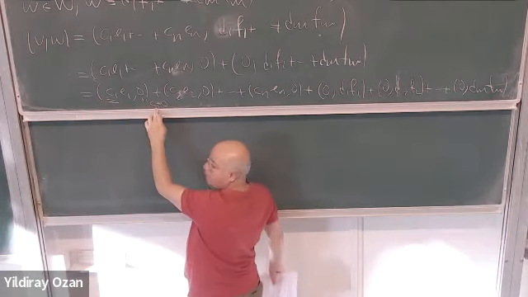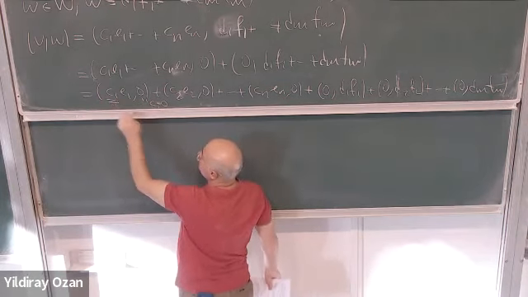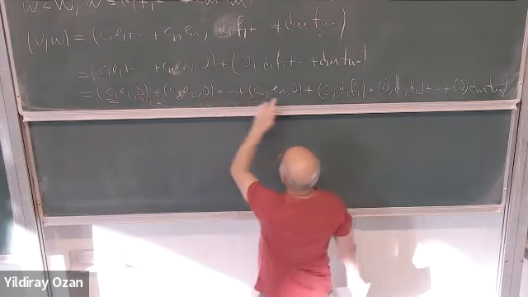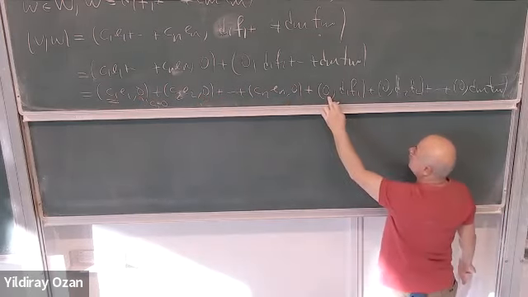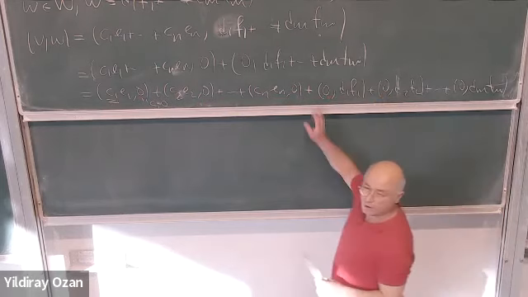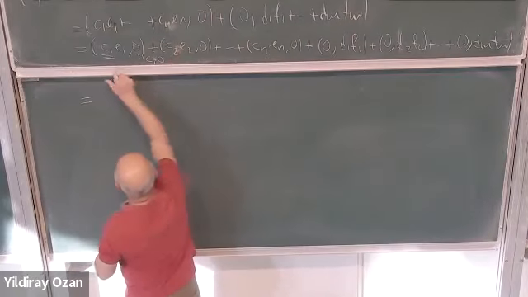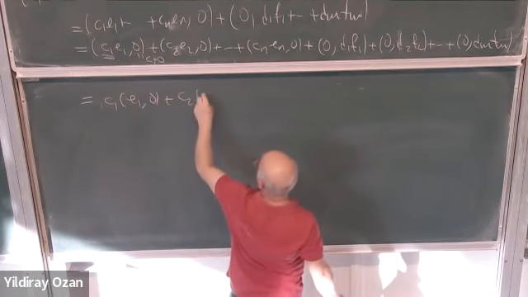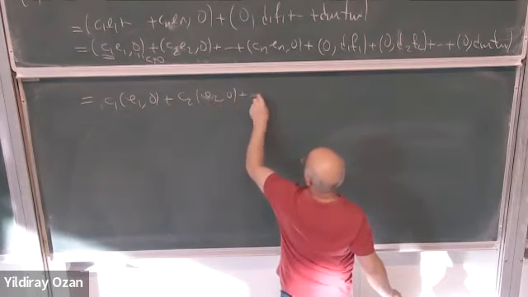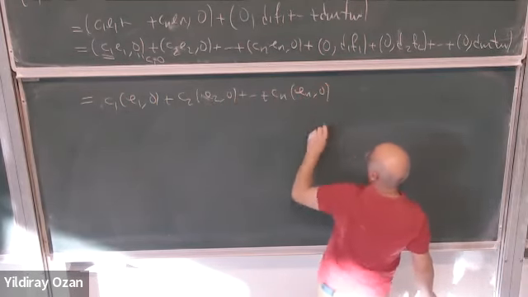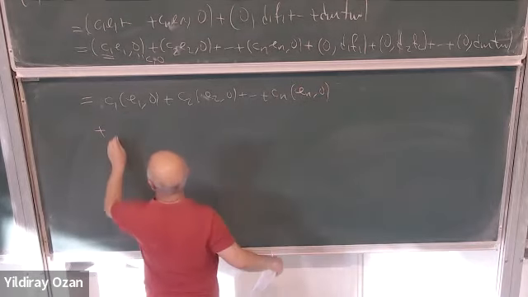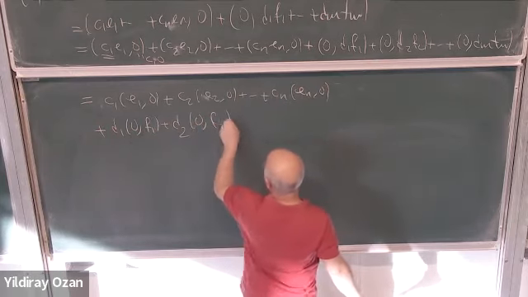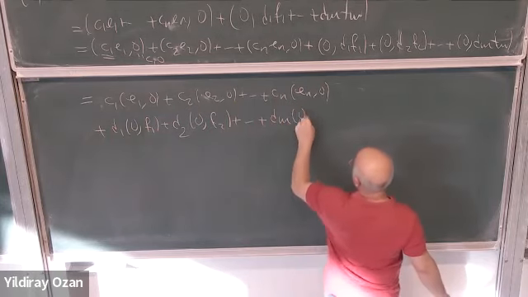So this is C1 times (E1, 0), C2 times (E2, 0), Cn times (En, 0), plus the D terms, D1 times (0, F1), D2 times (0, F2), and so on, Dm times (0, Fm).